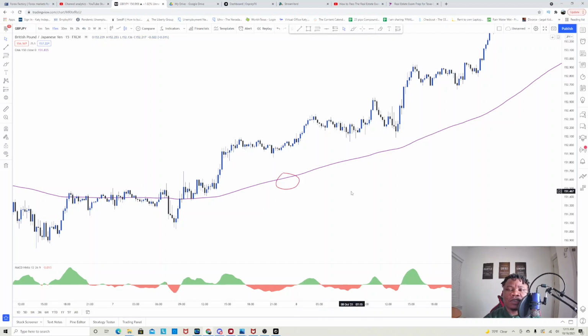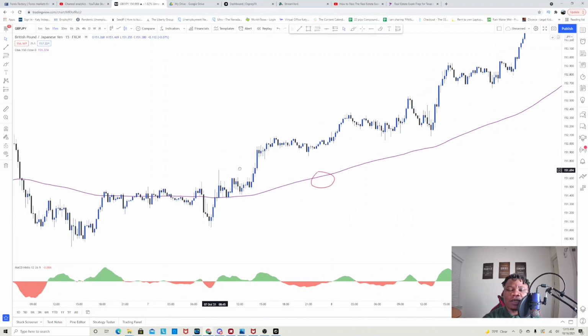Now I'll be showing you two examples, a buy example and a sell example. When it comes to taking a buy position using this strategy, we have to make sure that price is above the 150 EMA, and as long as price stays above the 150 EMA, we're only looking to take buy positions.